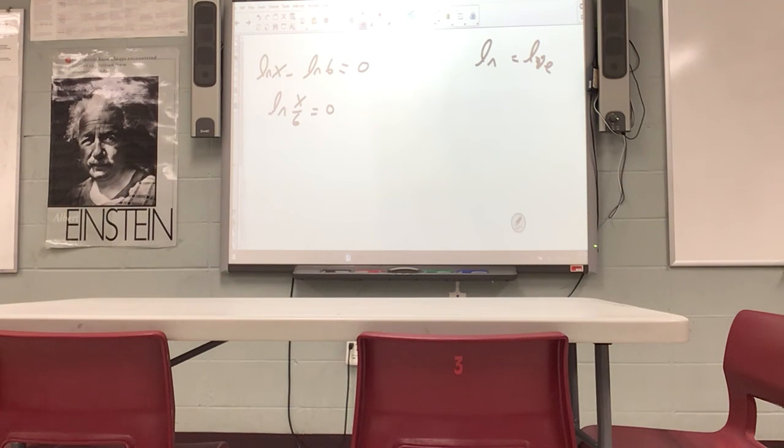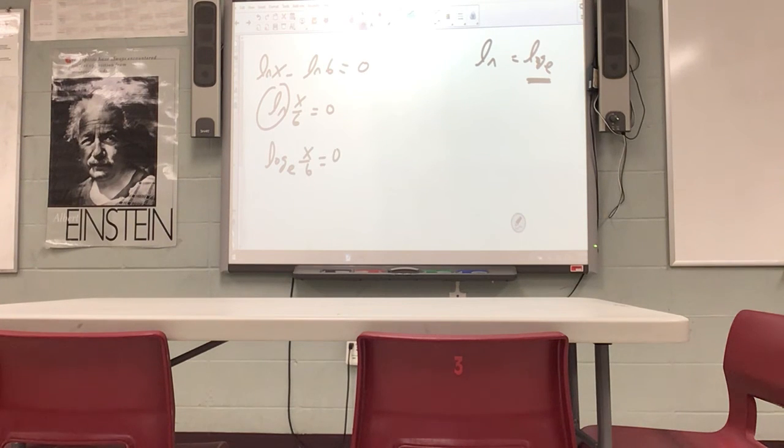Okay, so that is in log form, even though it's a natural log. So we need to rewrite it into exponential form. But to rewrite it into exponential form, we gotta substitute that log base e. So this is gonna be log base e of x divided by 6 is equal to 0.